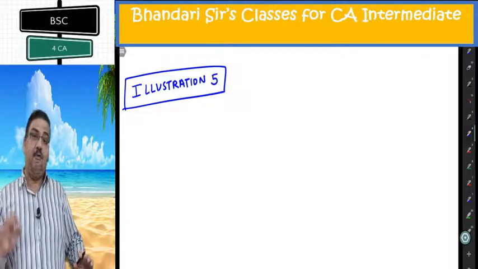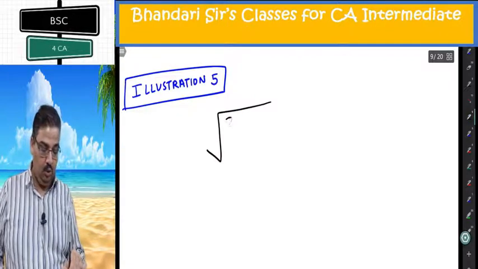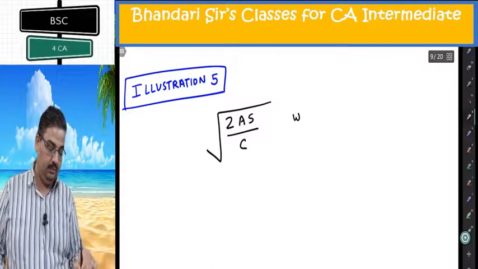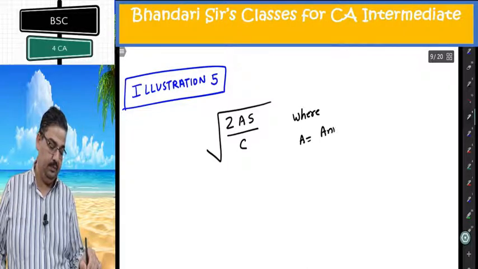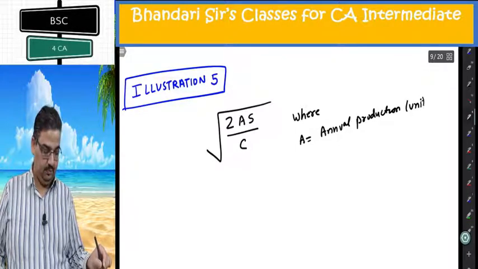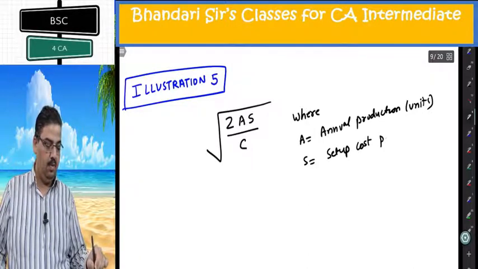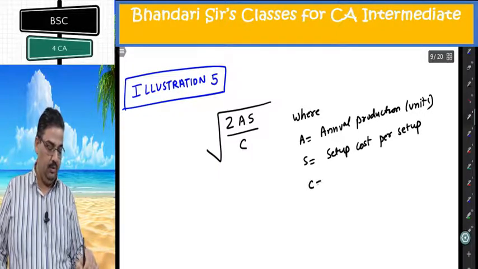I have explained a formula earlier which will be used in all the 3 questions, that is under root 2AS divided by C, where A is annual production in units, S is equal to setup cost per setup, which is also called production run.